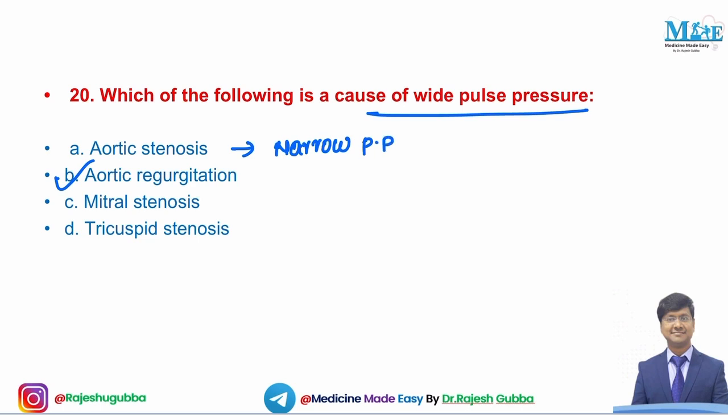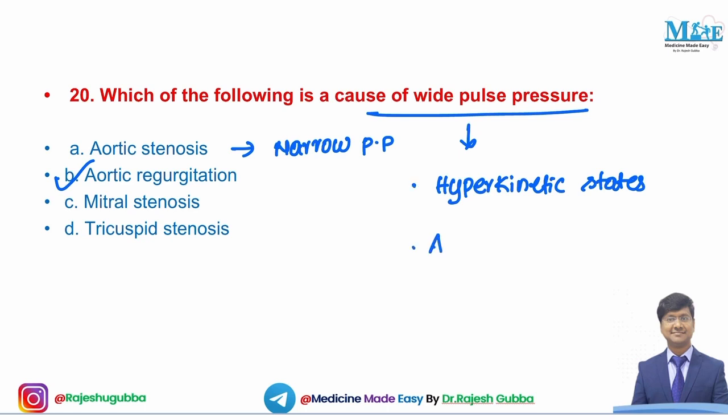But I just want to tell you the various other causes of wide pulse pressure. You can also have it in all the hyperkinetic states, which include fever, anemia, pregnancy, anxiety, thyrotoxicosis. In all these conditions you can have wide pulse pressure.